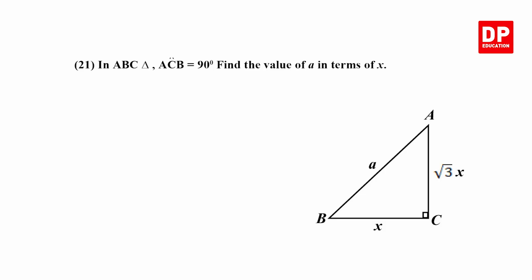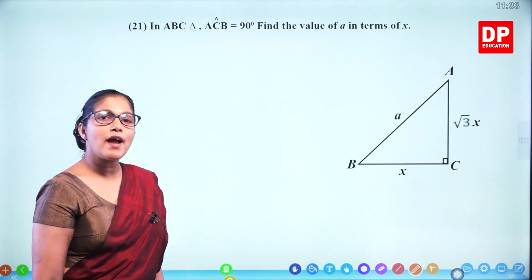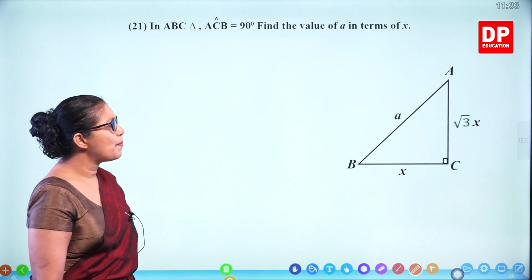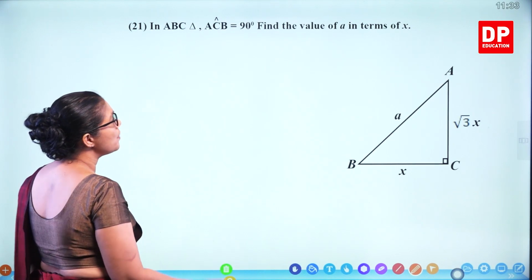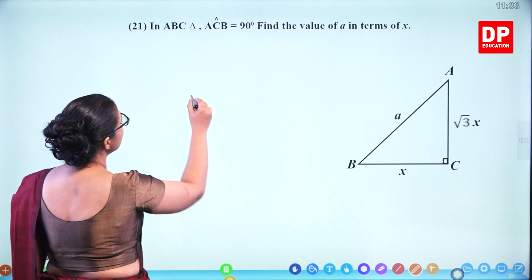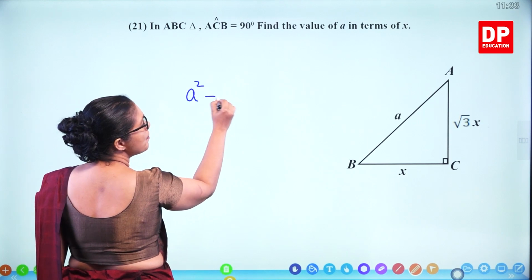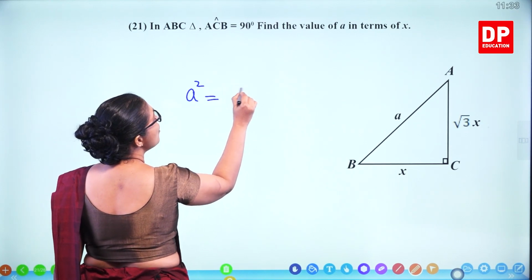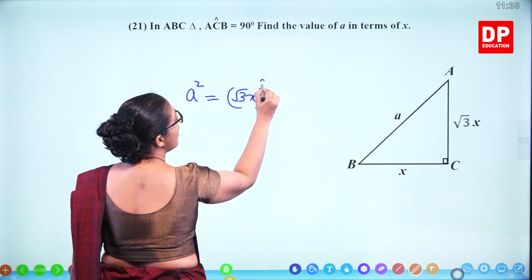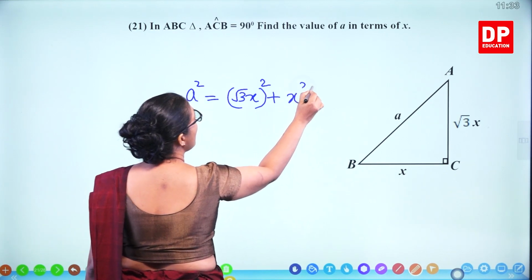Question number 21. In triangle ABC, angle ACB is 90. Find the value of A in terms of x. So this is a right angle triangle. You can use Pythagoras theorem. So we'll apply A squared, that's hypotenuse squared, is equal to root 3x squared plus x squared.